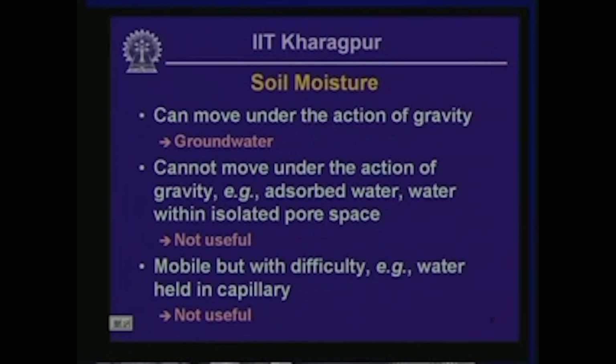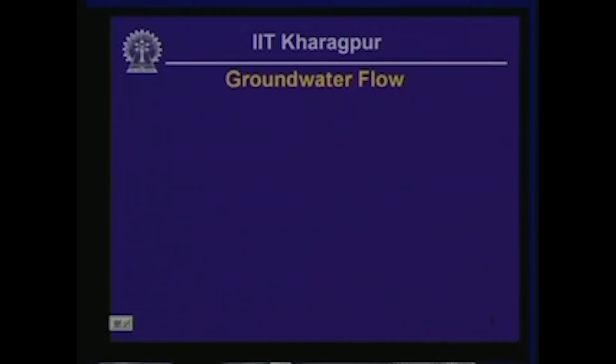This is not useful. There is another portion of soil moisture that is relatively mobile, but held under strong capillary tension, and these last two components are not useful and therefore should not be considered as part of groundwater.